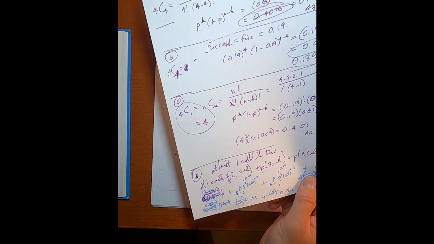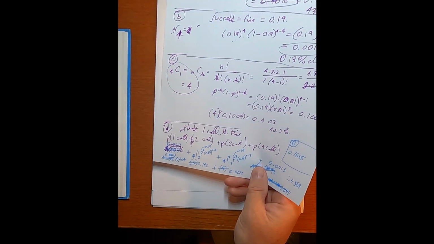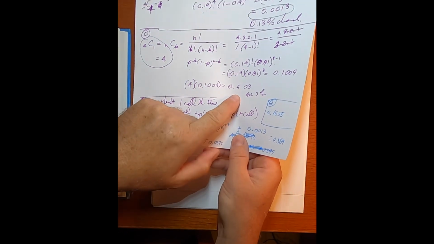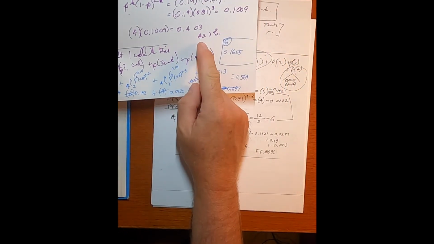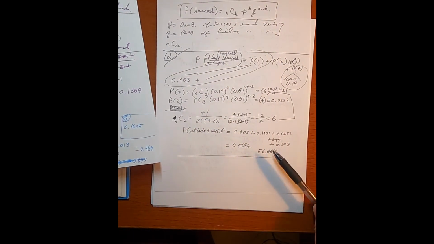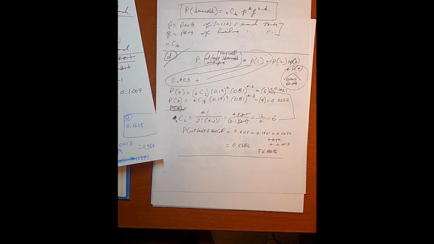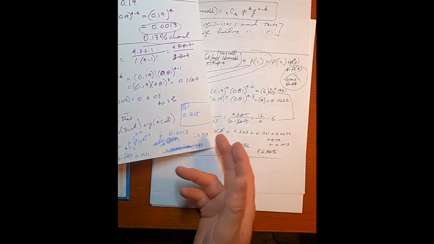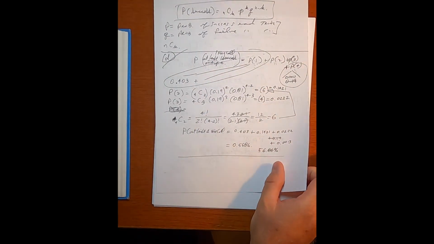Now, one of the calls would be C, which was 40%. So you have a 40% chance of exactly one call, and here you have a 56% chance of at least one call. You're adding some probability to that, so it's going to be higher. You expect it higher, and it's fine.